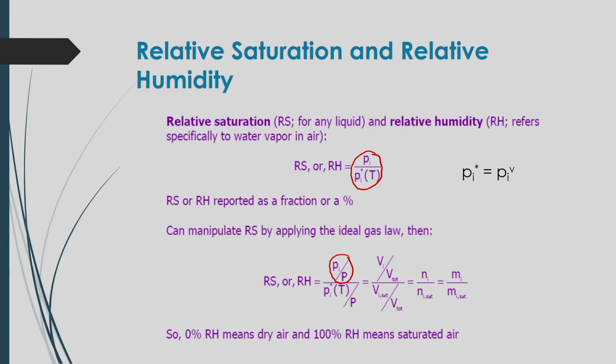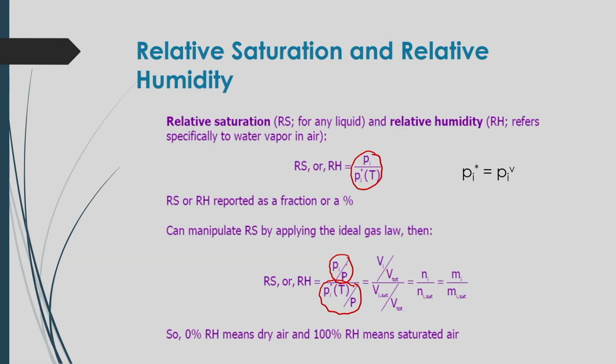So, relative saturation is defined as Pi by P divided by the ratio of the vapor pressure to the total pressure. So, basically it is the ratio of the partial pressure to the total pressure over the vapor pressure to the total pressure. In this way you can write it.